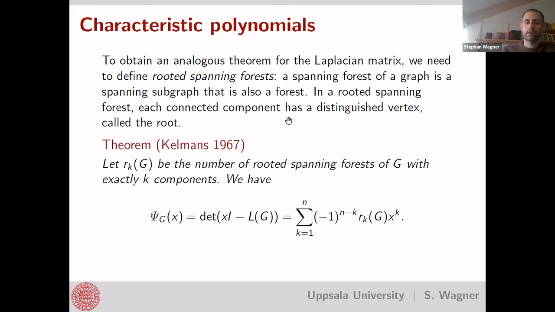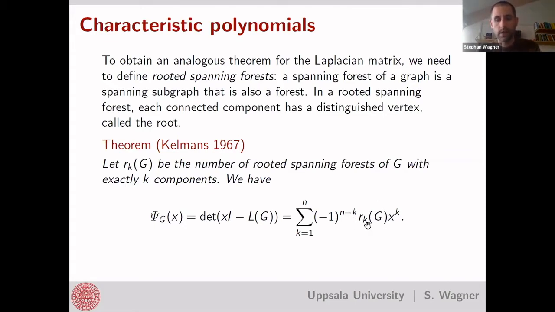And as it turns out, this is also from the 60s, the number of rooted spanning forests of G with exactly k components tells us the coefficients in the characteristic polynomial of the Laplacian. And this is true for any graph, not just for acyclic graphs.